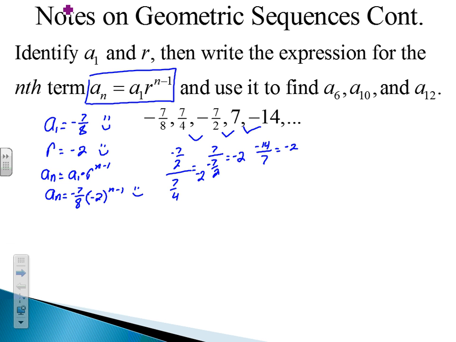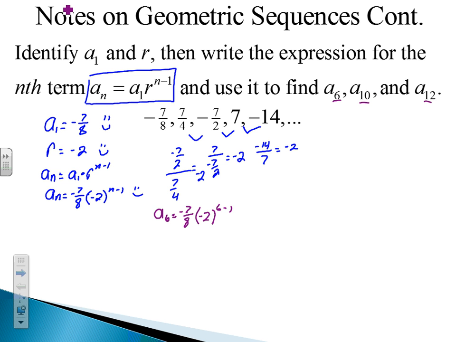Now it's asking us, what is the 6th, 10th, and 12th term? Now that I know my general rule, a sub 6 would be equal to negative 7 over 8 times negative 2 raised to the 6 minus 1 power.